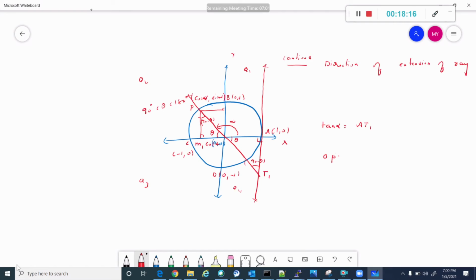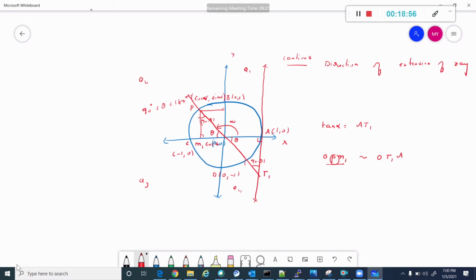Ria, write these similar triangles in the correct order. Triangle OPM1 is similar to OT1A. Look at P: the angle there is 90 minus theta, so you have to name the corresponding vertices, OT1A.